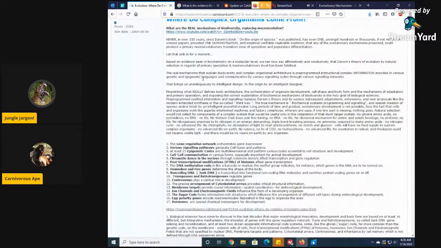The real mechanisms that explain biodiversity, complex organismal architecture and pre-programmed instructional complex information encoded in various genetic and epigenetic languages and communication by various signaling codes through various signaling networks. That brings us unambiguously to intelligent design, to the origin by an intelligent designer.